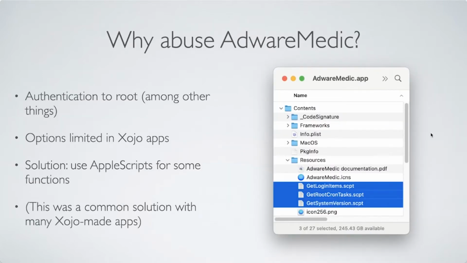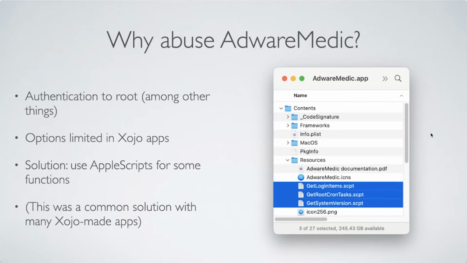So why am I wanting to talk about how to abuse Adware Medic? Well, for one reason, I know it very well, so I know where its flaws are. Especially in hindsight, now that I know a lot more about how to attack different apps. Now, one important reason that an attacker might want to abuse Adware Medic is that it does authentication to root.